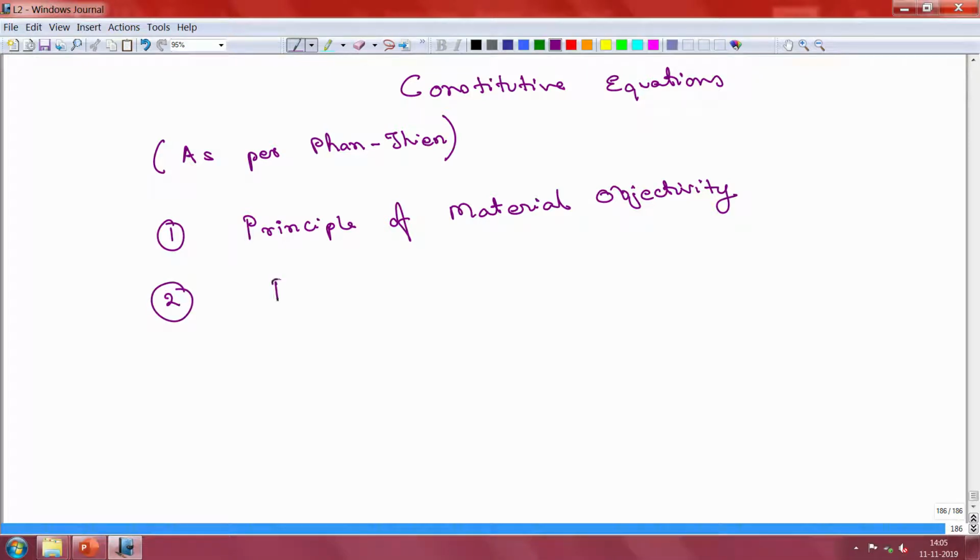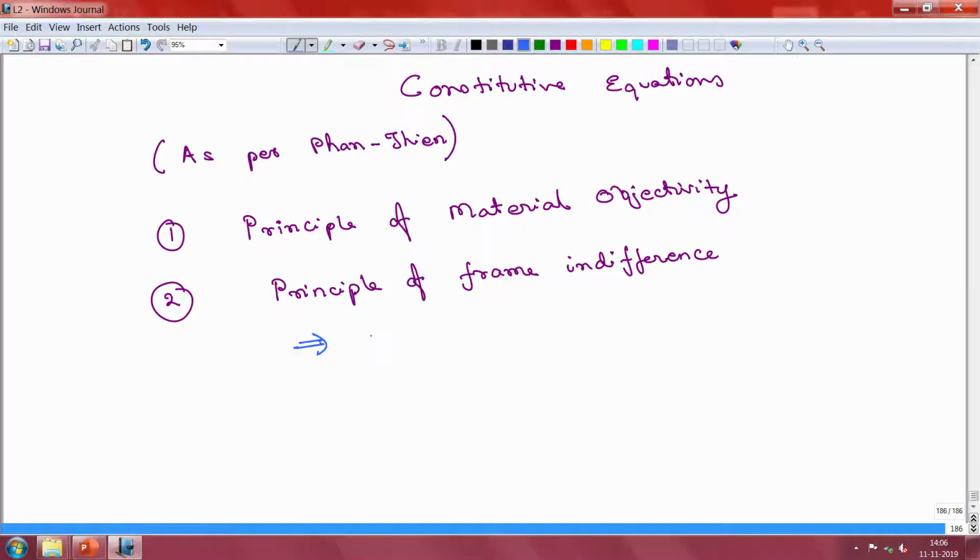Then there is the principle of frame indifference. And Van Thien points out that you cannot obtain a new constitutive equation when there is a change of frame. So, the basic constitutive operator should be independent of the frame that you are using. Okay.